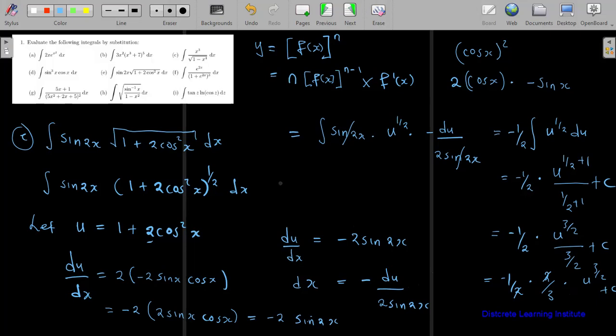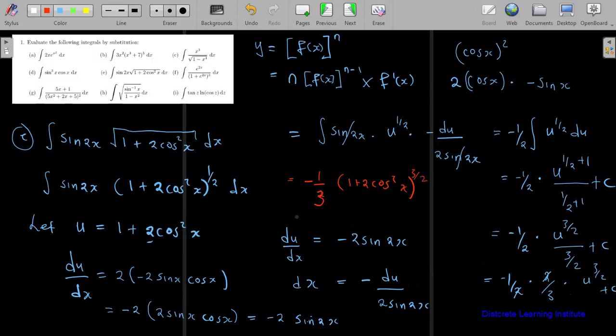Which I can write just right here in red. That's equal to, and in the process of writing the final answer, I also replace the u there. That's negative 1 over 3, then u is 1 plus 2 cos squared x, to the power 3 over 2.